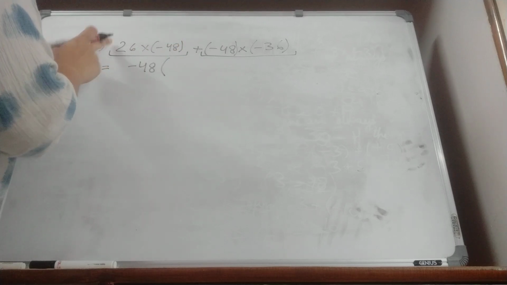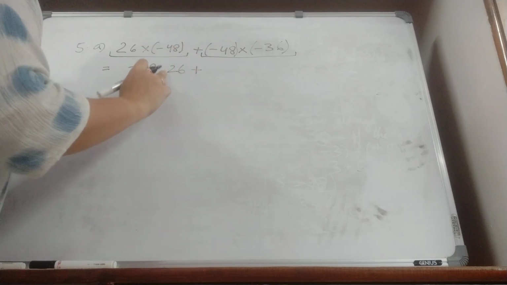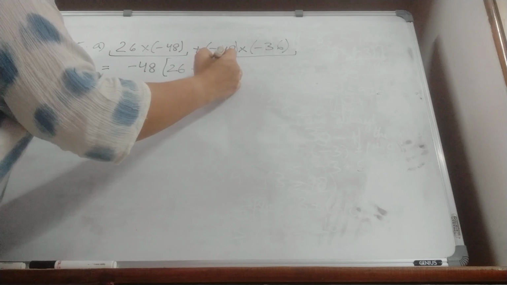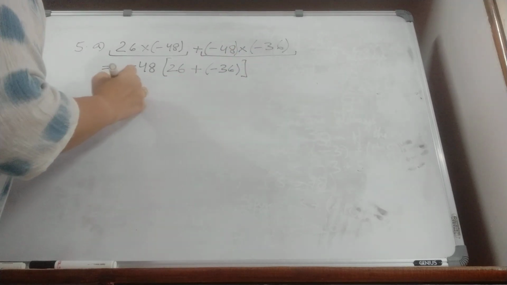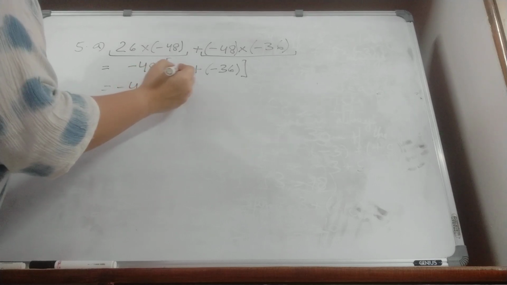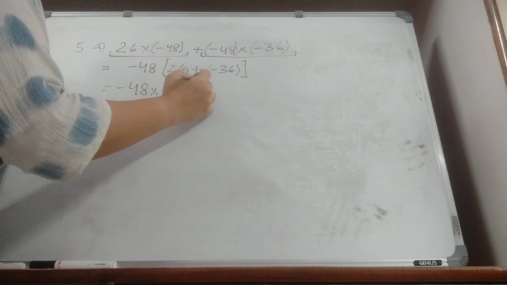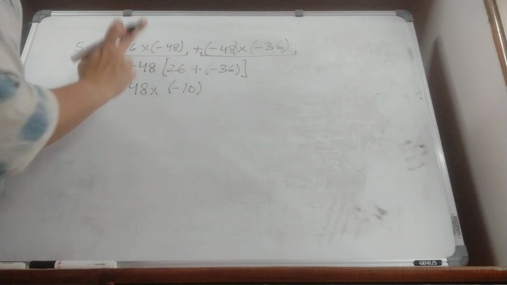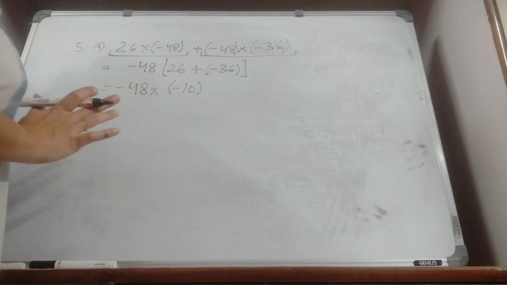So I take minus 48 common. I'm left with 26 plus, from here what am I left with? I'm left with minus 36. What is 26 minus 36? It is minus 10. Now I hope all this is very clear. If it is not, again go back, keep on seeing the videos until you are able to do it orally.